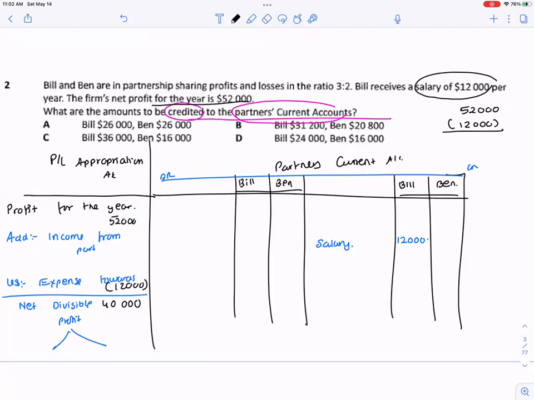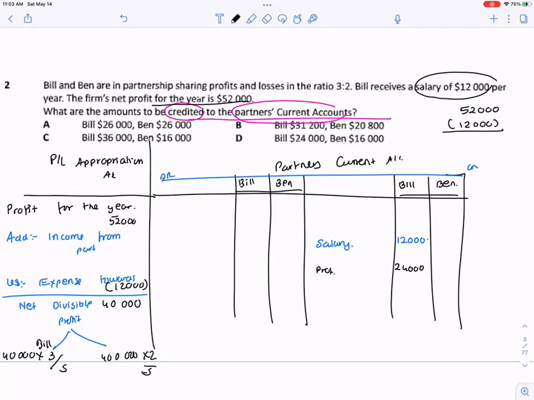Now this divisible profit, what will you do? We will divide it in the ratio 3 is to 2 between Bill and Ben. 40,000 into 3/5, how much will Bill get? 24,000.